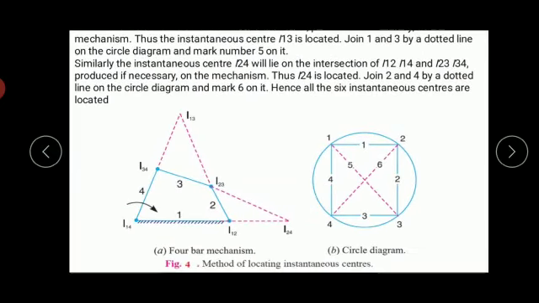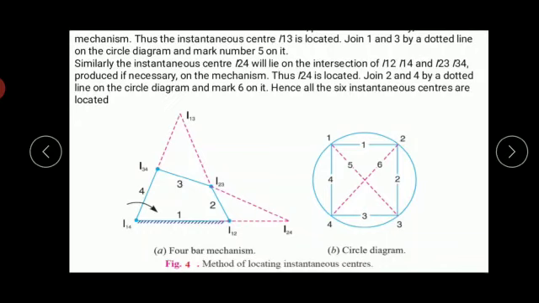Now using these two adjacent triangles, in triangle 1, 2, 4 we are having instantaneous centers I12 and I14, and in the other triangle 2, 3, 4 we are having instantaneous centers I23 and I34.